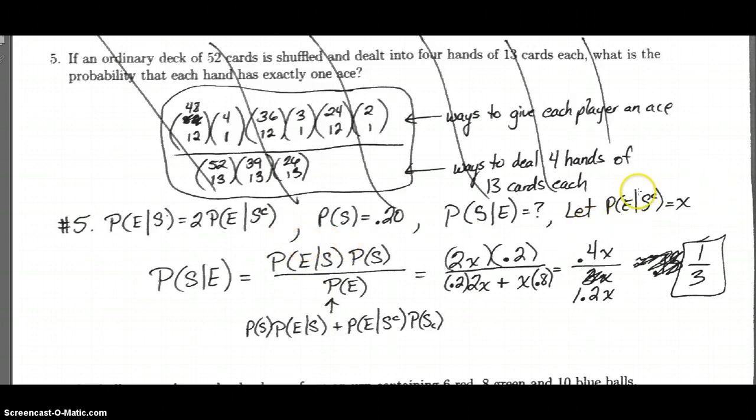Because if the probability of ectopic given non-smoker is X, then we can just sub that in here to find that the probability of ectopic given smoker is 2X. 0.2 probability of smoker, and then we fill these in. Simplify, get 0.4X over 1.2X. The X's cancel, giving us 1/3. So notice we really didn't even need to know what either of these probabilities were, as long as we knew that this one was twice as small as this one. In other words, this one was twice as large.